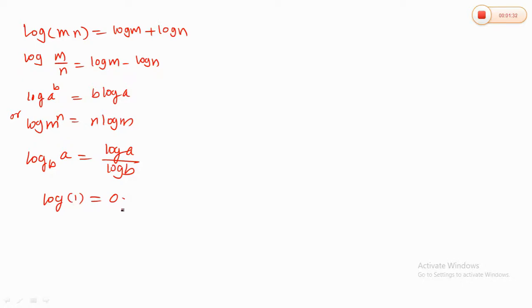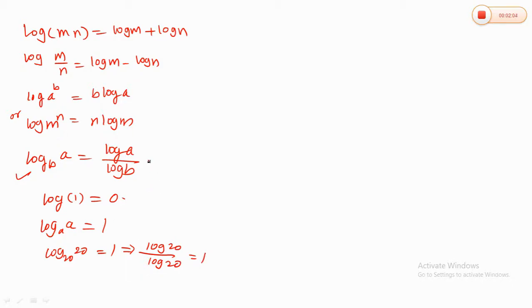Logarithm of 1 is equal to 0, and log of a to the base a also equals 1. So log 20 to the base 20 also equals 1 according to this rule. This implies log 20 divided by log 20 is equal to 1.